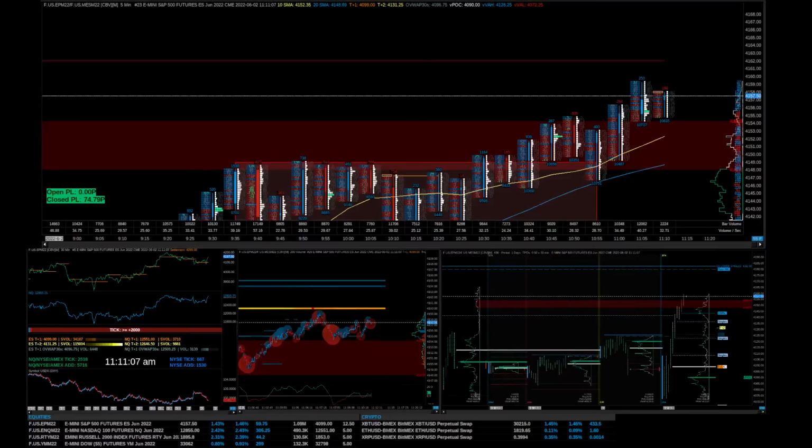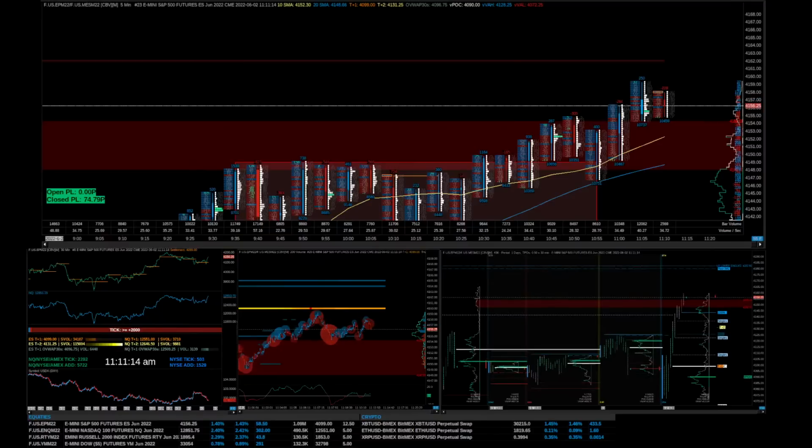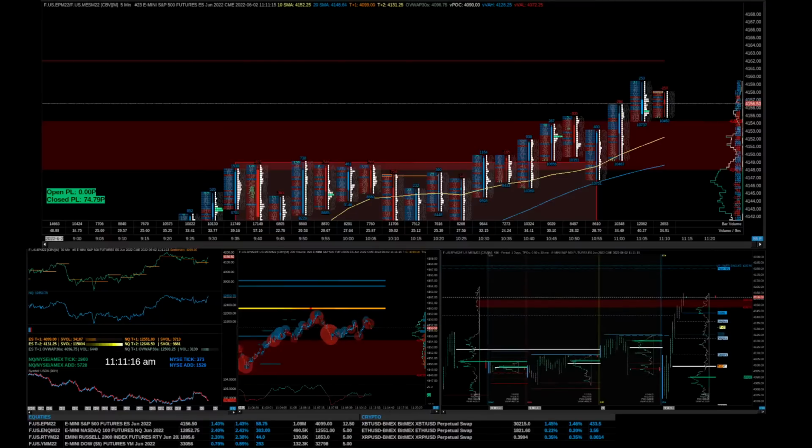And so typically the market struggles to break out because it's not consolidated tightly.